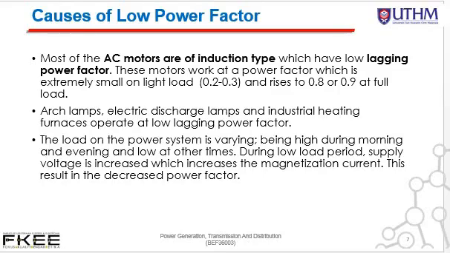Apart from that, the variation of load that results from socio-economic activities throughout the day thus contributes to the power factor value. Such activities will cause the power system load to vary, either being high during morning and evening and low at other times. Such variation will result in a decreased power factor.